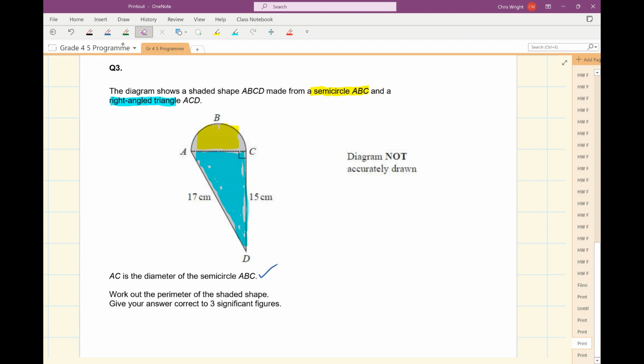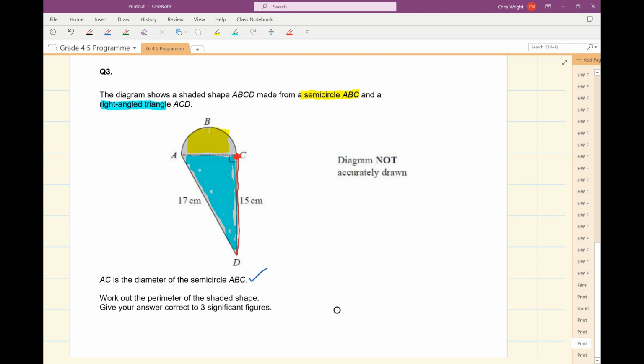Now the perimeter, that's walking all the way around, isn't it? So I'd have to walk from here. There's 15. Then that's 17. And then I'd have to walk around the outside of that semicircle. Well, I've got the 15 and the 17. I just don't know what this last red length is.